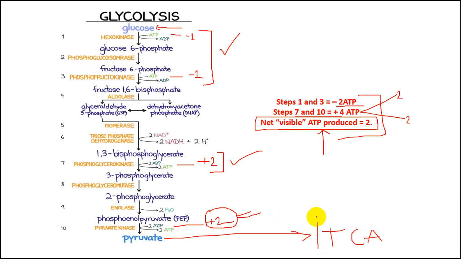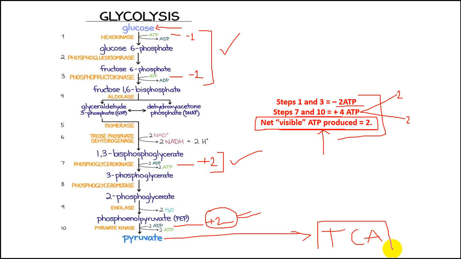Now next we will try to understand the TCA cycle and more cycles in the pathway. So what is required in the glycolysis cycle, if someone asks you?